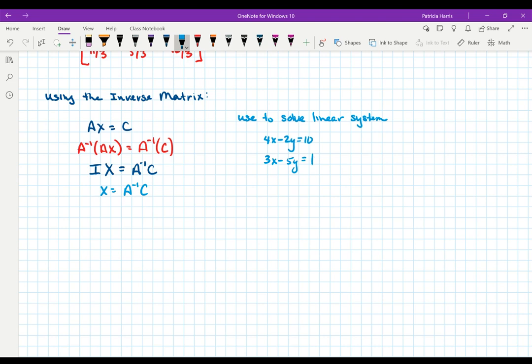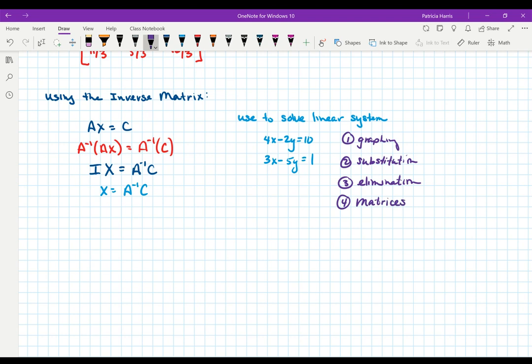Way back when, before this year, you had 3 strategies: graphing, substitution, and elimination. So now we're going to add a fourth strategy, and we're going to use matrices.